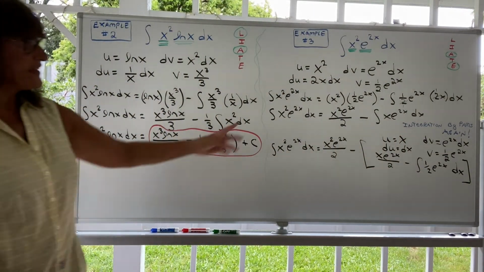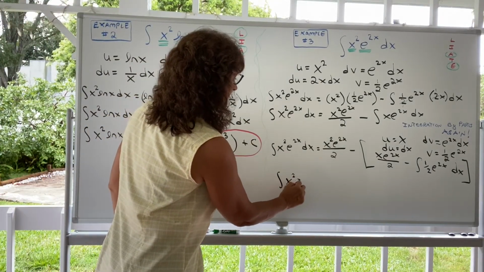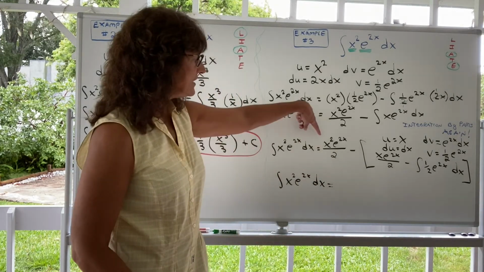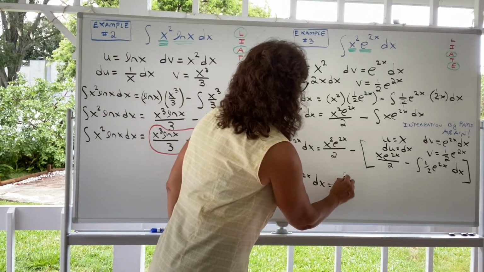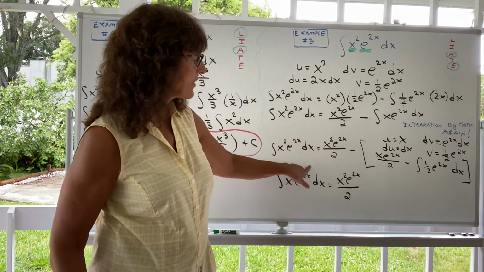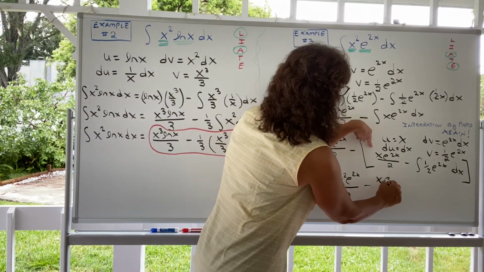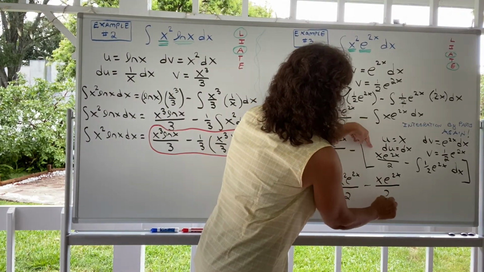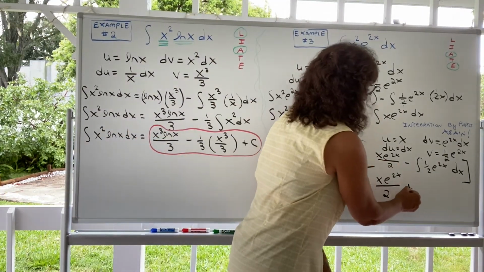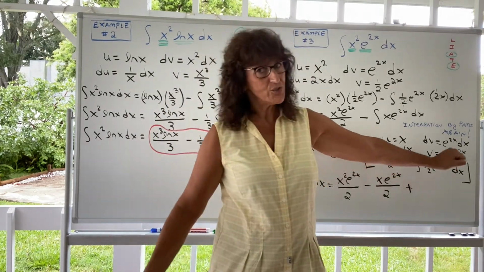Let's go ahead and simplify. So the integral of x squared e to the 2x dx is going to equal x squared e to the 2x over 2, that's our first term, minus, distribute the negative sign, minus x e to the 2x over 2, and then minus a negative, so be careful with distributing the sign. Minus and negative is going to be a positive. We need to integrate this though.